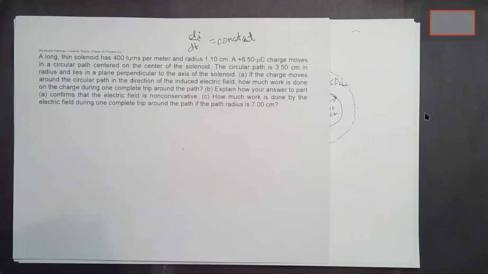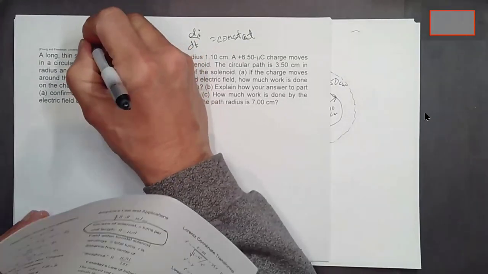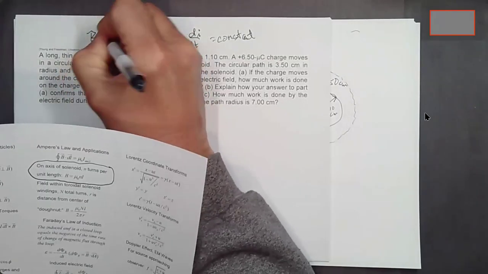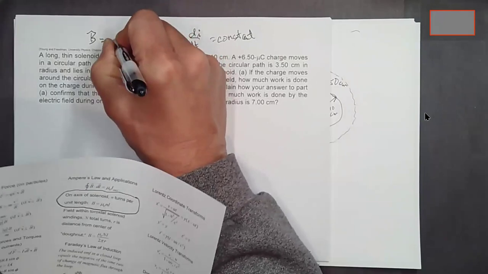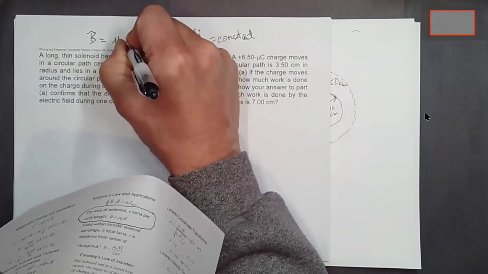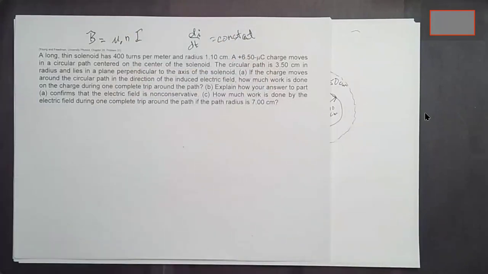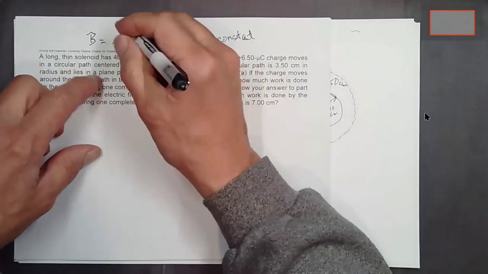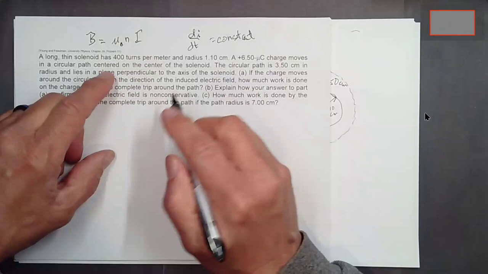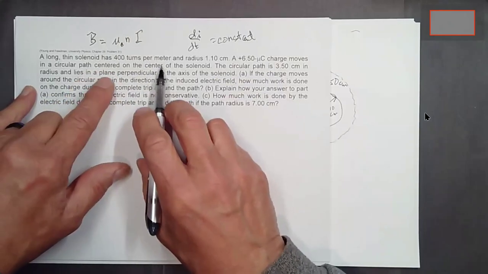Now, since it is a solenoid, the magnetic field is going to be mu naught N times I. So we'll have that. What else do we have? Oh, that's mu naught, 400 turns per meter.